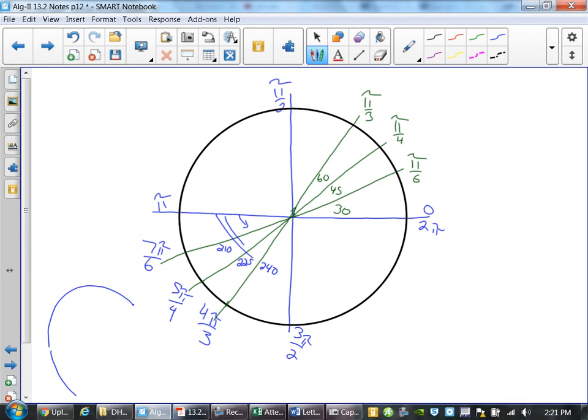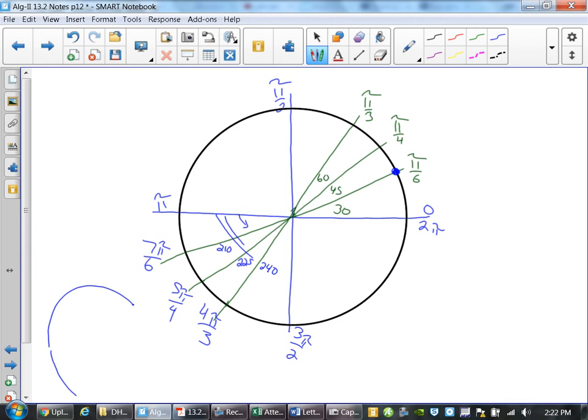Now, what I want you also to see is that if I'm at 30 degrees and my point lies on the unit circle, it therefore has a place in space. It has an x and a y value. It has some horizontal and some vertical distance.